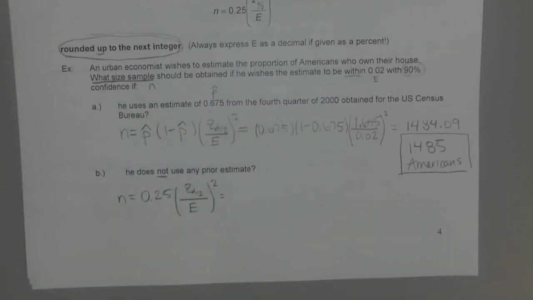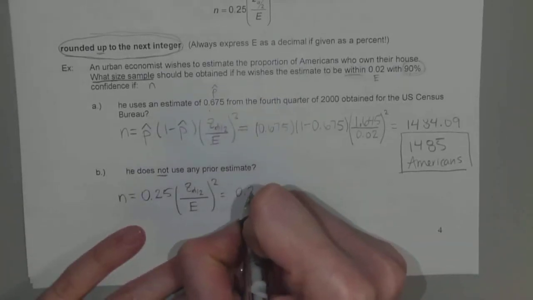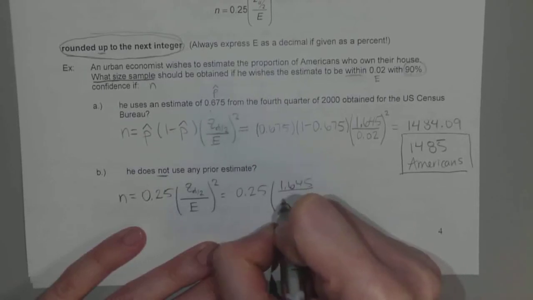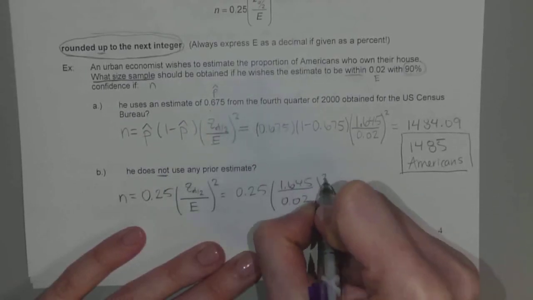What's nice, guys, is we've done all the hard work already. This is exactly like how my math lab homework is, your quiz, your test. In part A, you'll have already found your z alpha over 2 and your e, so you'll just plug them in. So we'll have 0.25 times 1.645 over 0.02, the quantity squared.